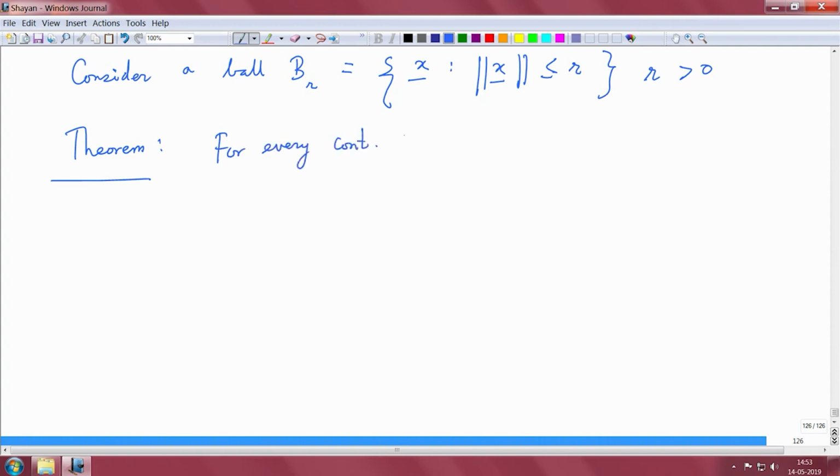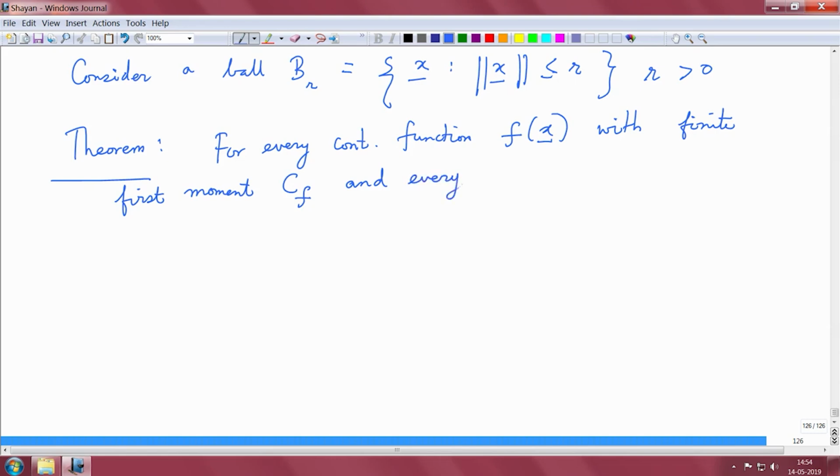For every continuous function f of x, that is function acting on the data vector with finite first moment c suffix f, and every m1 which is greater than or equal to 1, that means I should have at least one such unit here, there exists a linear combination of sigmoid based functions.